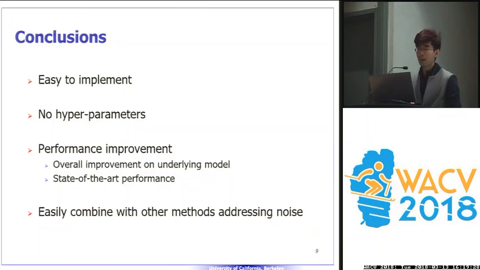We have an overall improvement on any underlying model combined with our method, and we also achieve state-of-the-art performance on noisy label problems. And the best thing is that it can easily combine with other methods. As long as you have a model which can address noise, you can try combining it with our method.